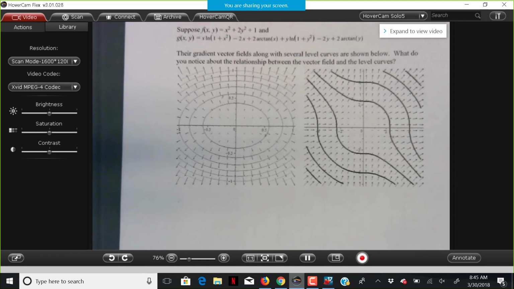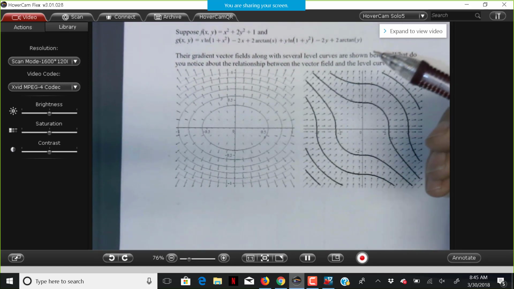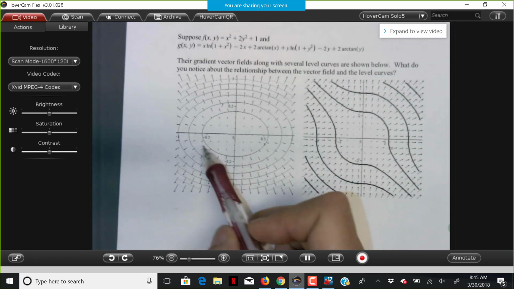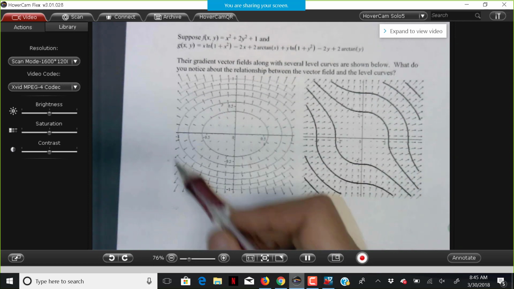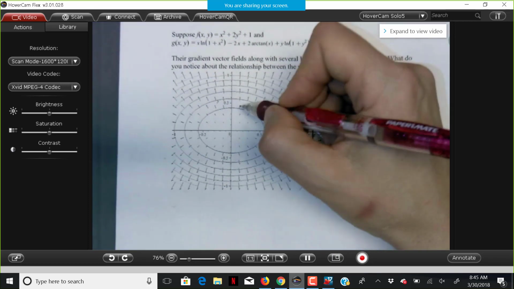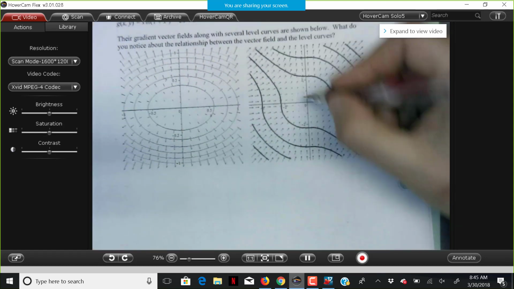So this will come into play later. Have either of you taken Physics 2 yet? Yeah. So this is like electrical fields and equipotential surfaces, where the lines are the equipotential surfaces, like the voltage. Does that sound familiar at all? Okay. And then these are the electrical field lines. And the same here.